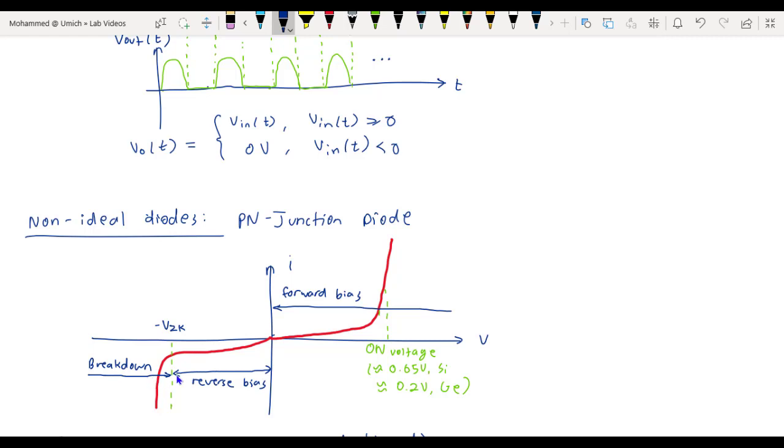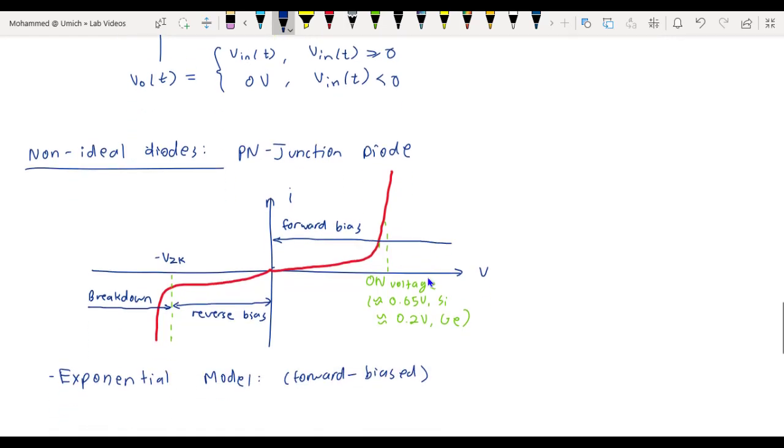The most accurate model of the p-n junction diode in the forward region is the exponential model. In the exponential model, for the forward bias case, we have i(t) equals Is times e to the power v over Vt.